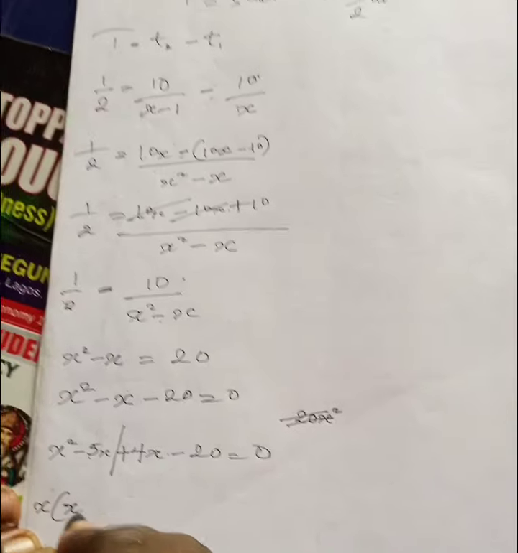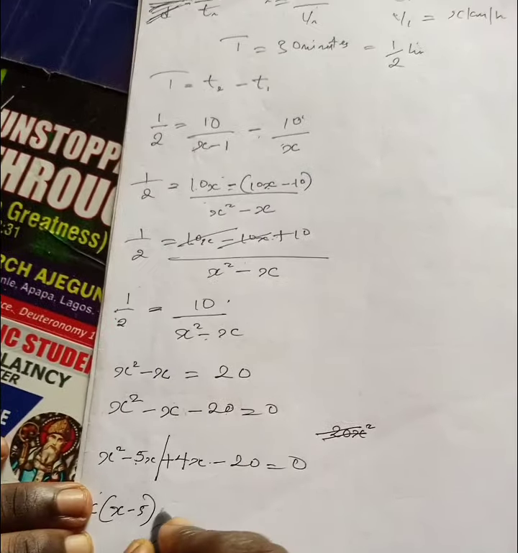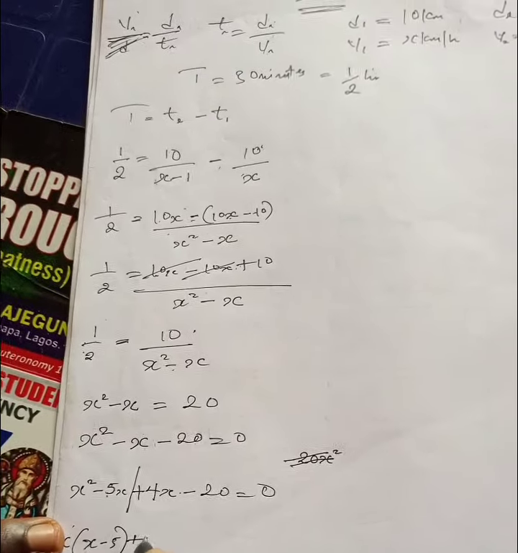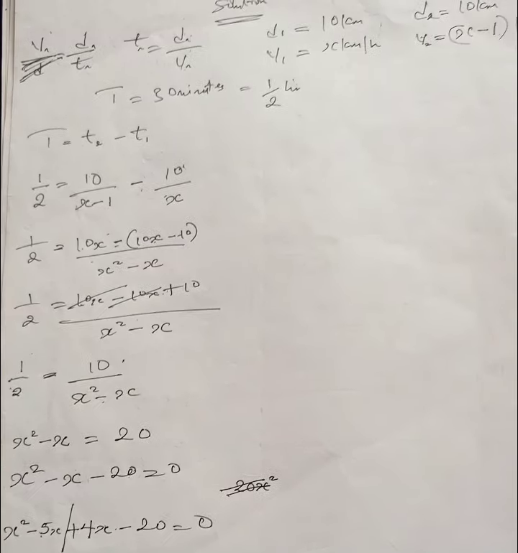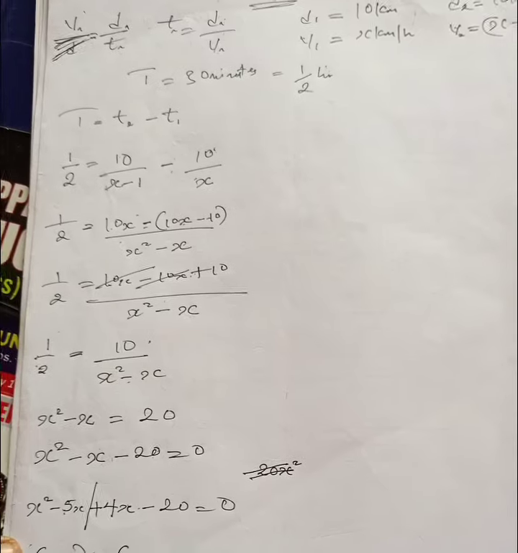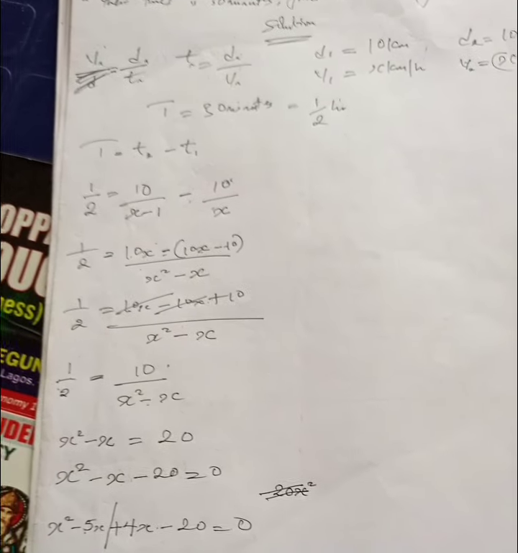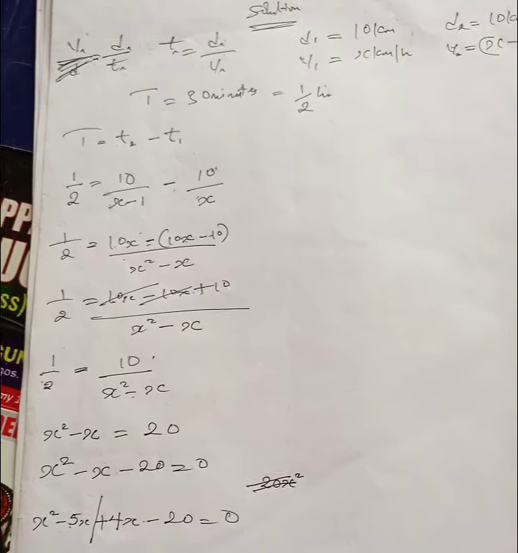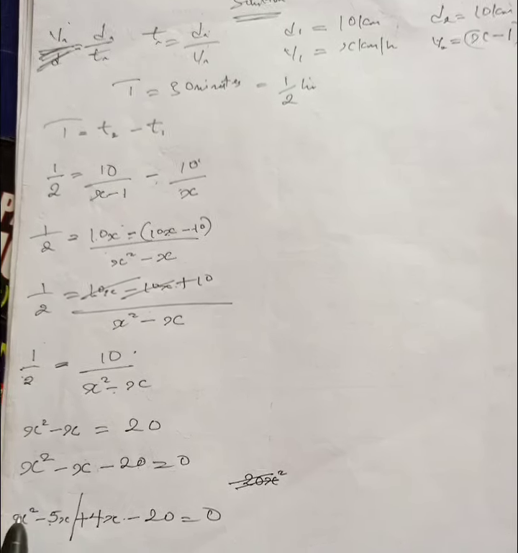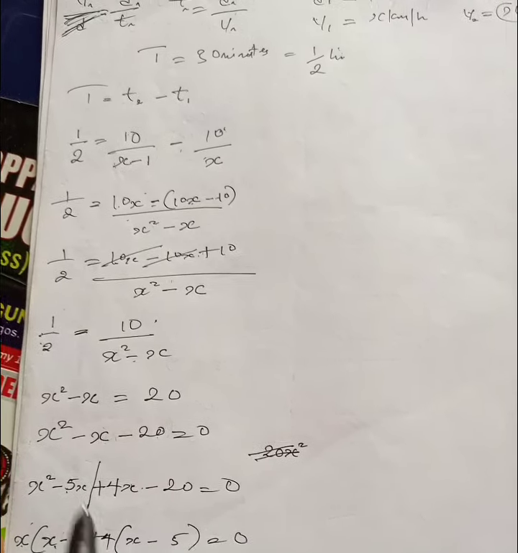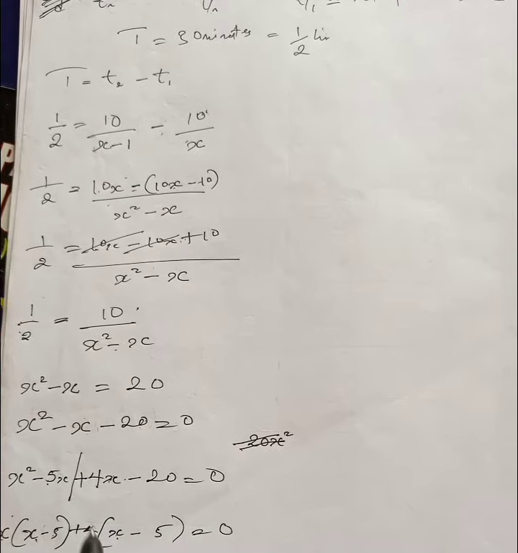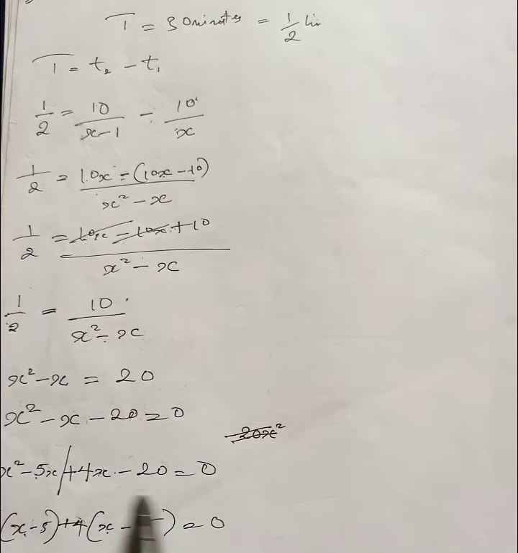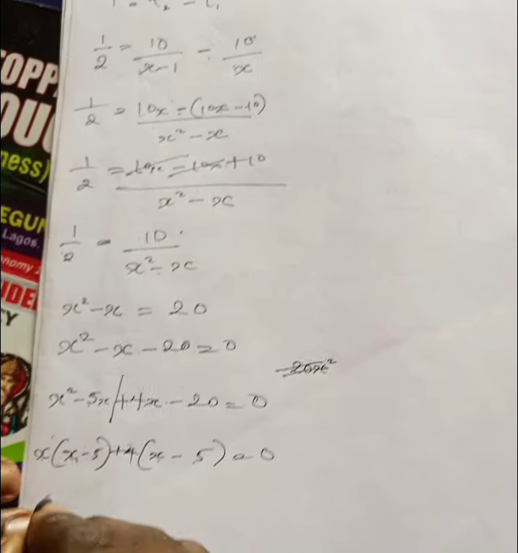So if I factor out x, I'll have x minus 5 here. If I factor out 4, I'll have x minus 5, which is basically the same thing, equal to 0. Now, if you want to check, this multiplied by this will give you this, and this multiplied by negative 5 gives you negative 20. So we are correct.